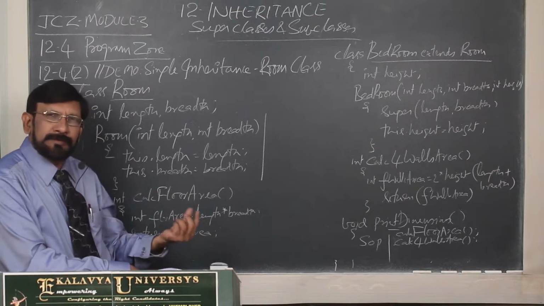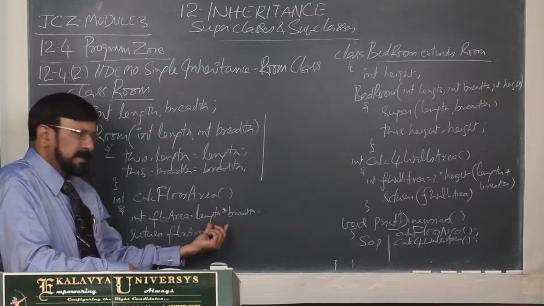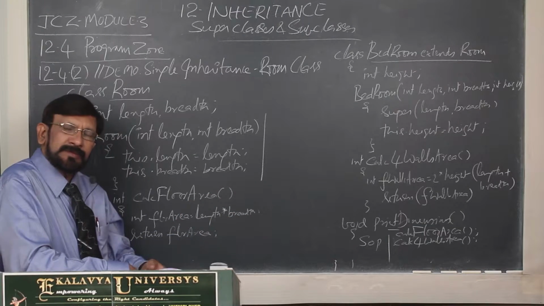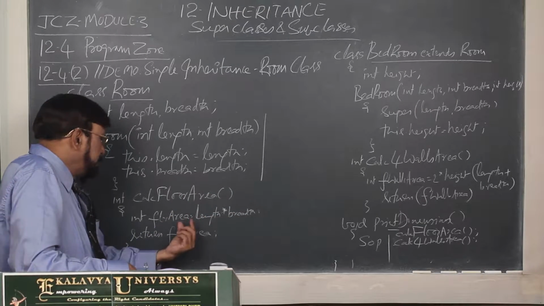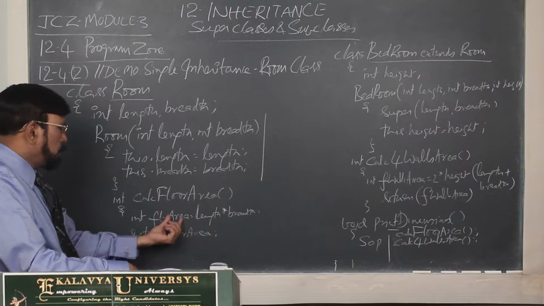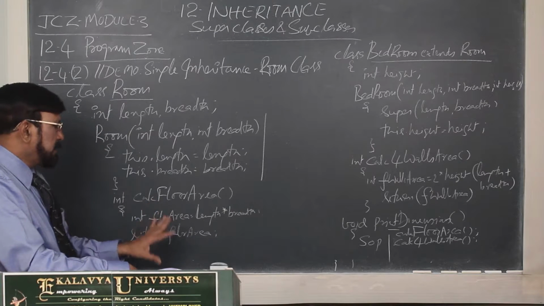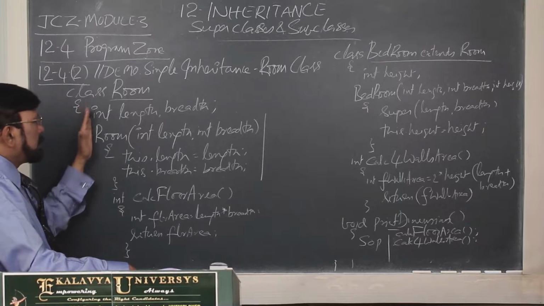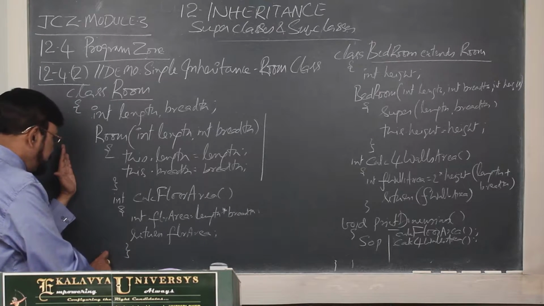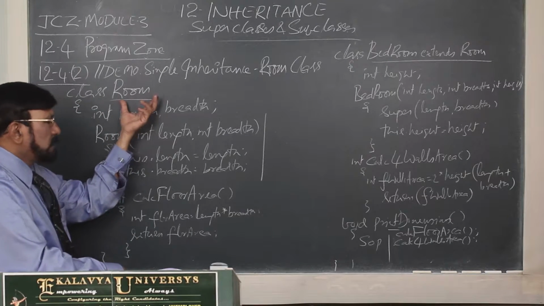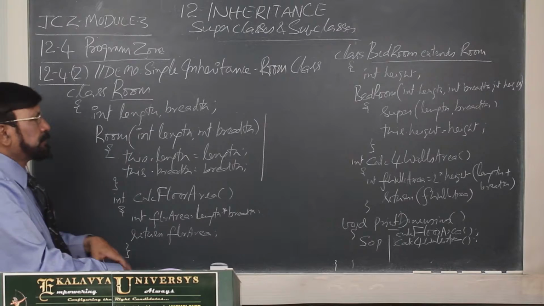So which new value is being created? Length into breadth, that is the area being stored in floor area, and ultimately it returns. So this is a room class, super class definition.